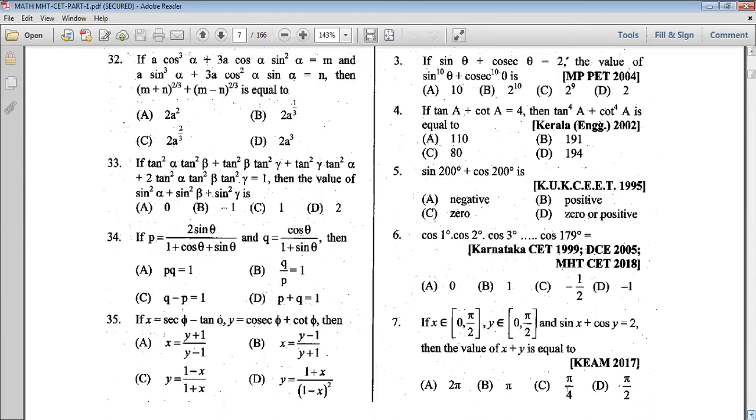Then what is the value of sin square alpha plus sin square beta plus sin square gamma? This value we have to find.